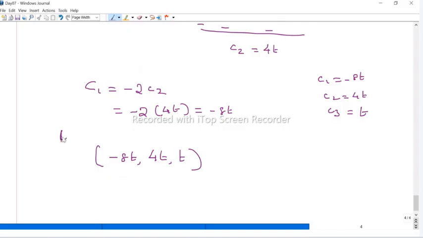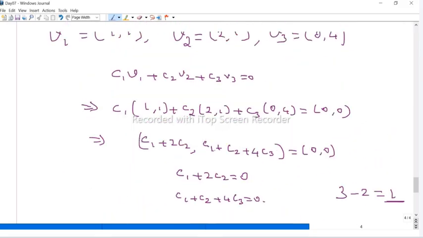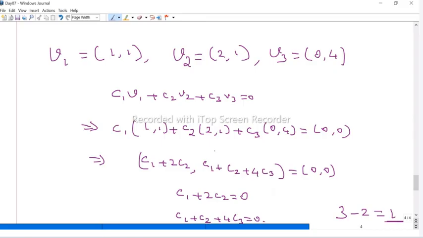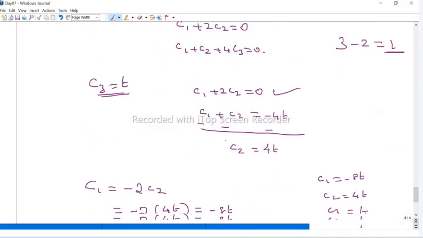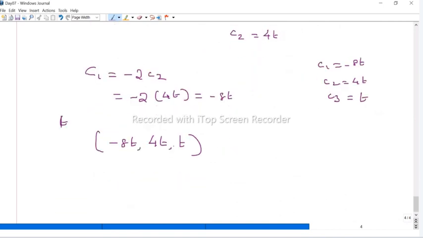If you take any value of t, this is a solution of the equation C1 times V1 plus C2 times V2 plus C3 times V3 equal to 0. For example, if you take the specific case t equal to 1, then (minus 8, 4, 1) is a solution.